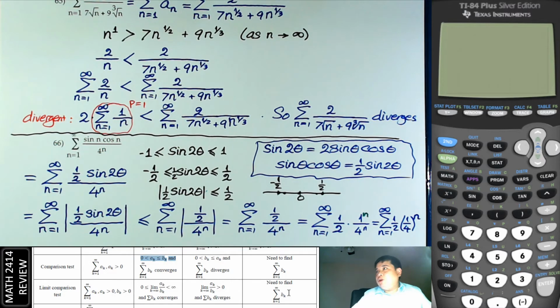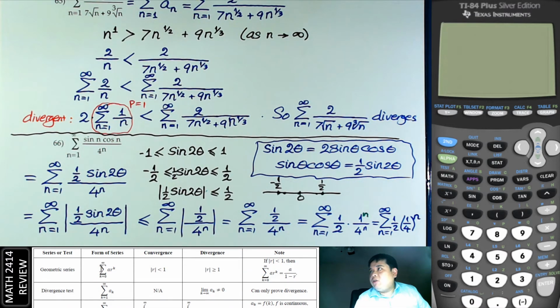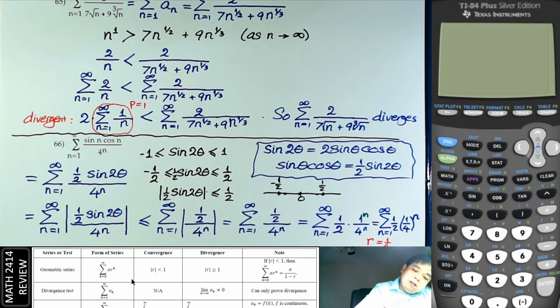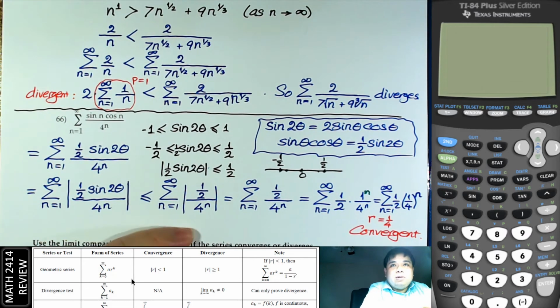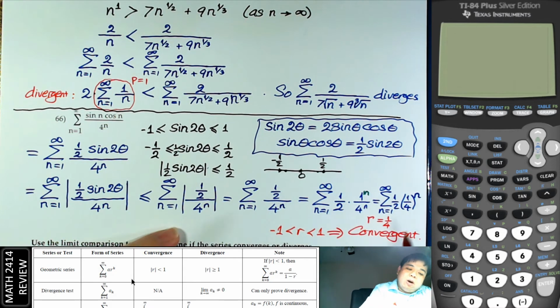If the ratio is between -1 and 1, so we look at the geometric series here. This is a, r is equal to 1/4. So that is convergent. Right? So this series is a geometric series, r is between -1 and 1, so that one is convergent.